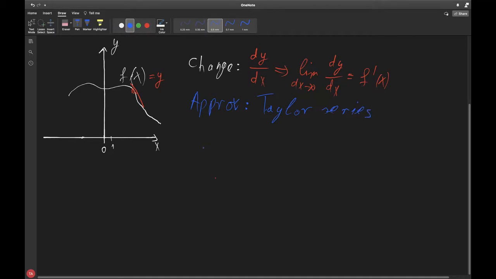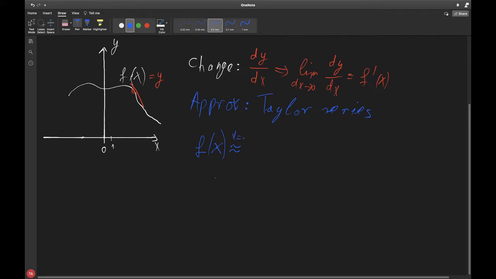And that says that my function f(x) is going to be expanded around a number, let's say a.